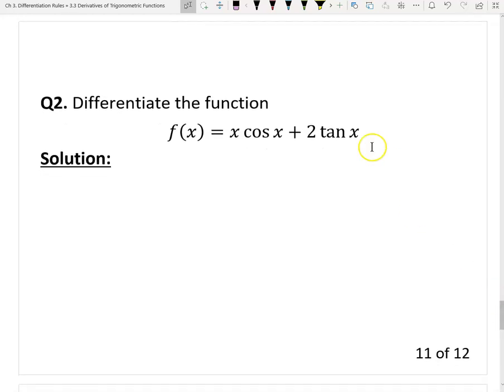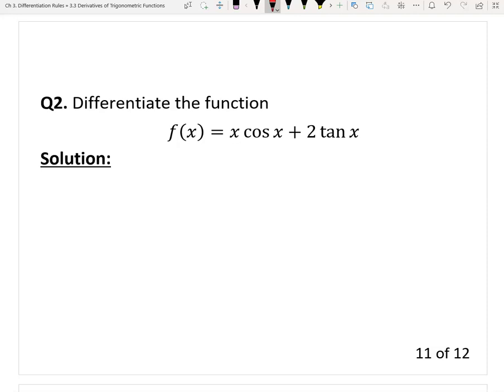Okay, how about this? We cannot directly take a derivative of cosine and tangent together. The first step we have to do is use the linear property, also called the differentiation rule.